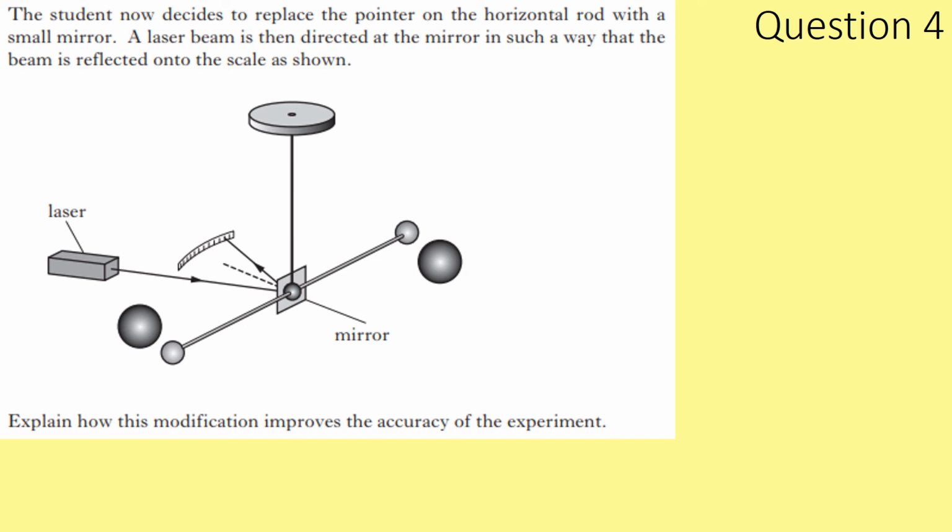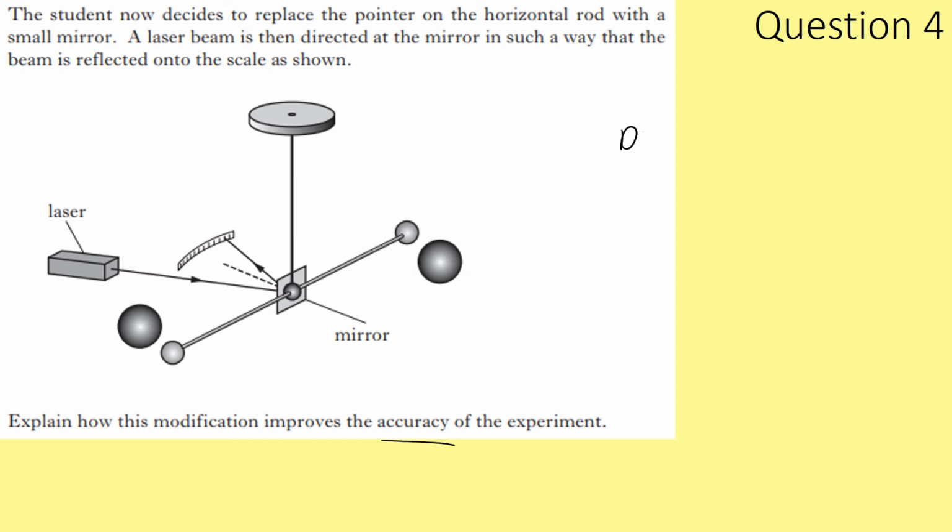Okay, so remember, the accuracy of the experiment is about how true we are to the actual value. If we're using a laser pointer as opposed to using the pointer attached to the steel rod, we're going to end up with an increased reading on the scale.